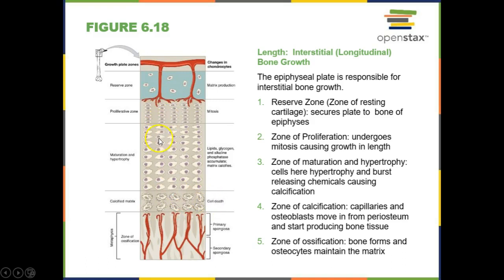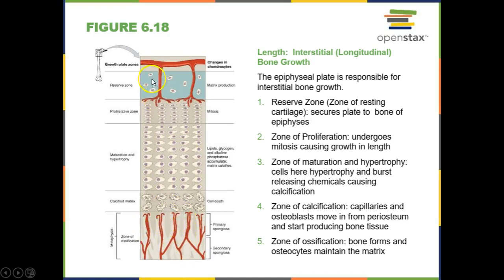So as the cells get larger and larger, they burst, calcification occurs, and here the cartilage cells die, but we now have blood vessels moving in, and we have the zone of ossification where osteoblasts will start laying down bony matrix over that calcified cartilage, basically taking over.